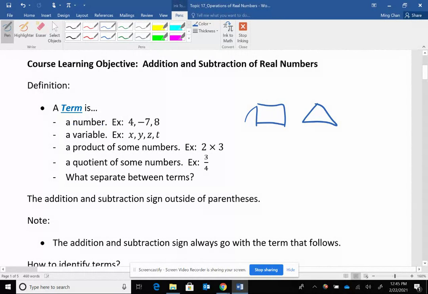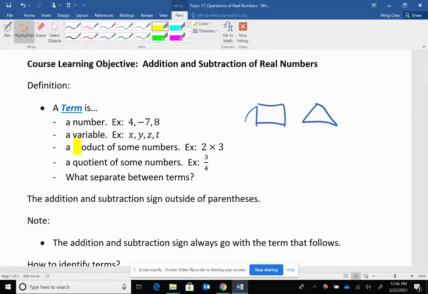Any number that you see, a 4, a -7, an 8, every single number is considered one term, one object. A term is also a variable. A single-letter variable is considered one object, one term, like x alone, y alone, z alone, t alone. Any letter by itself is one term.